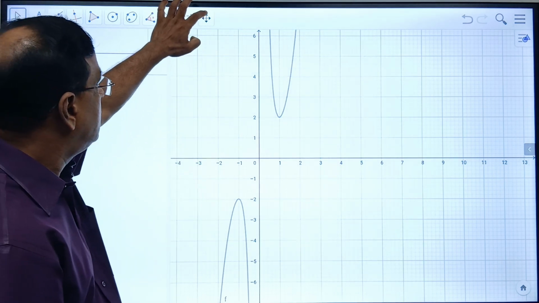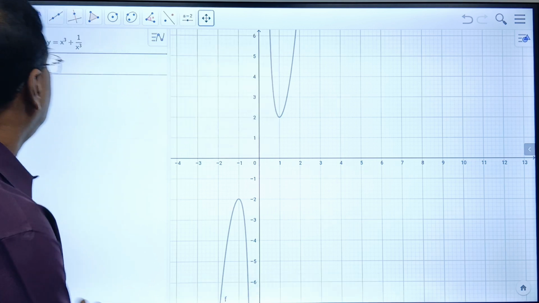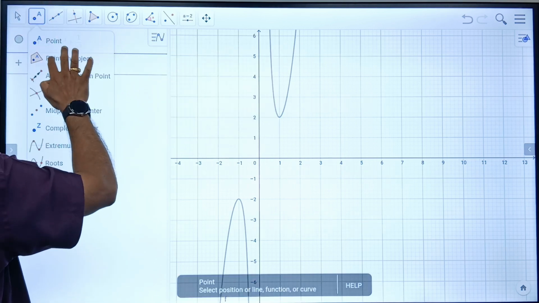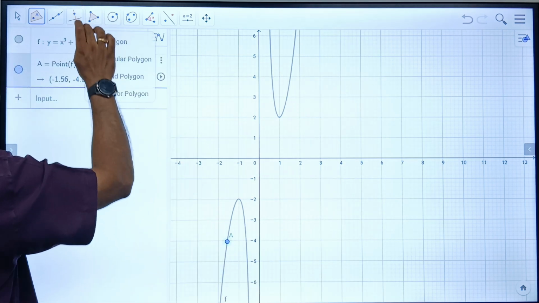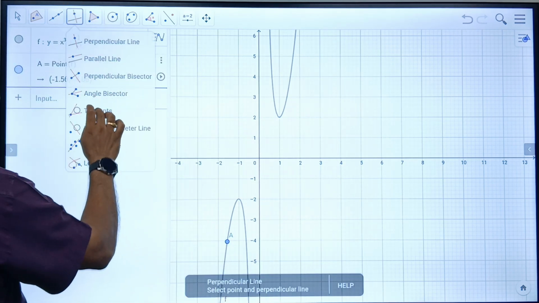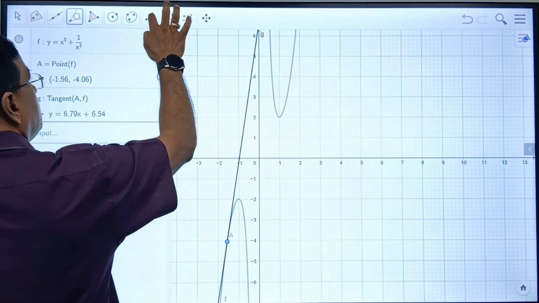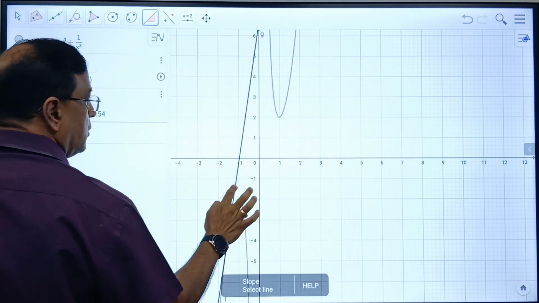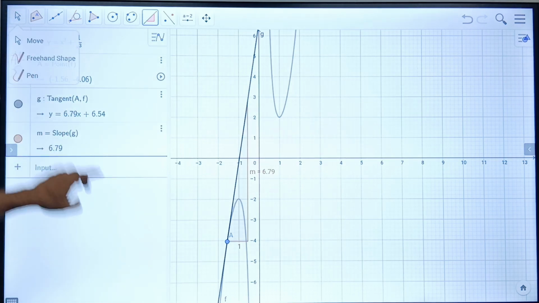Okay. Now choose a point on the graph, on the curve. I choose a point. Let me draw a tangent. Correct? Now find the slope. This is the slope. So what happens to slope? Slope is positive. Now I move it.